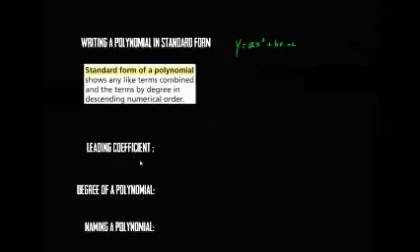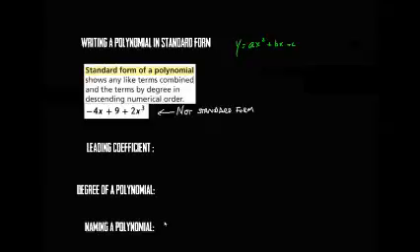So for example, if we're looking at this polynomial, negative 4x plus 9 plus 2x cubed, this is not standard form. So let's talk about putting it in standard form. We need to talk about this thing called the leading coefficient.